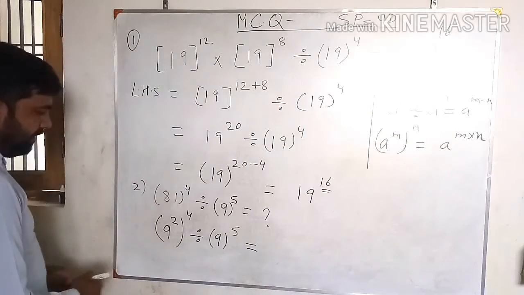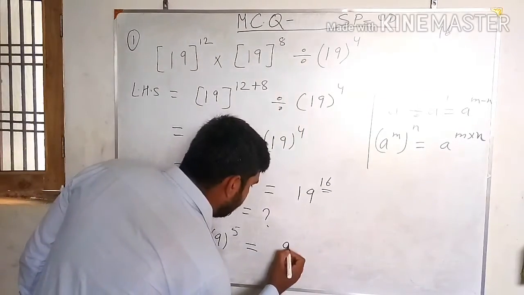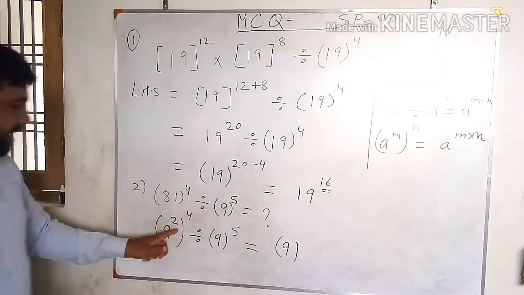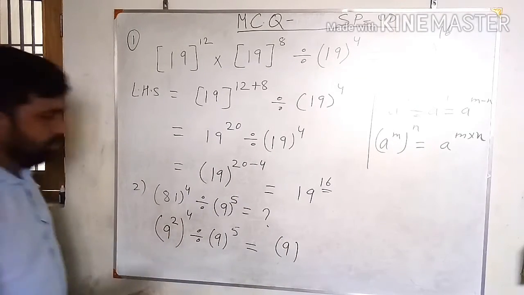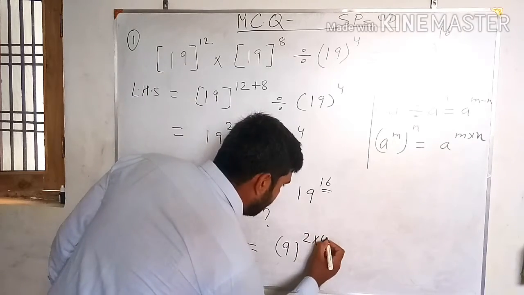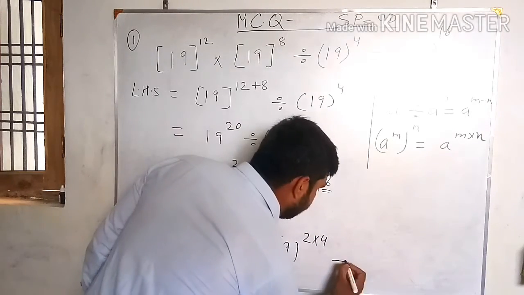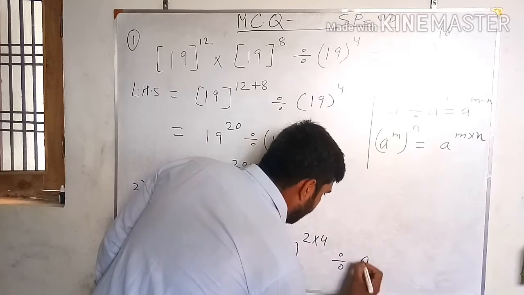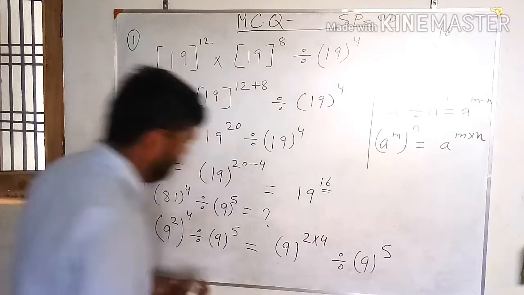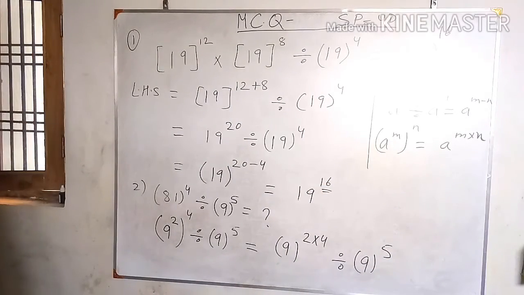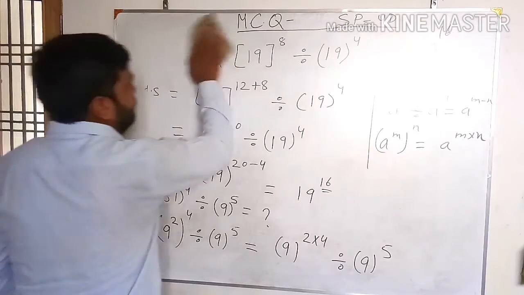We take the base common and multiply the power. So here also we take the base 9 common and multiply the power, 2 multiply 4, divided by 9 to the power 5. Now see the next step. What will we do?